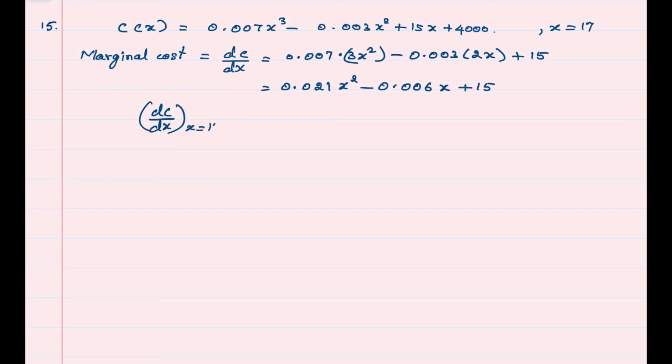We will find the instantaneous rate of change of C. 0.021 times 17 square minus 0.006 times 17 plus 15. 17 square is 289 times 21.